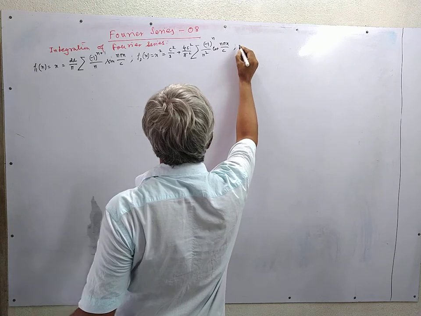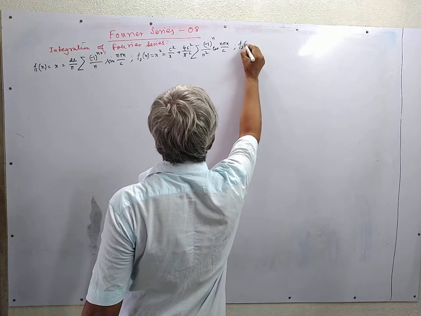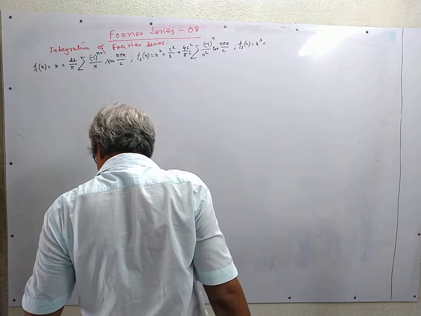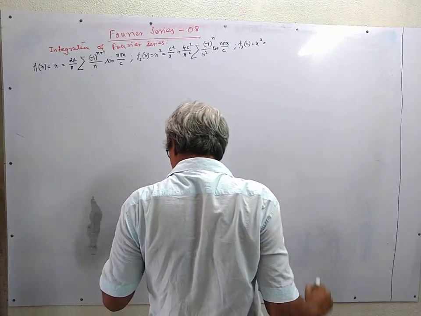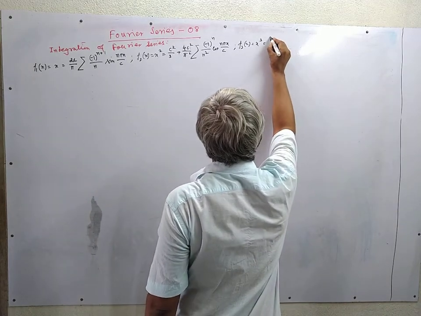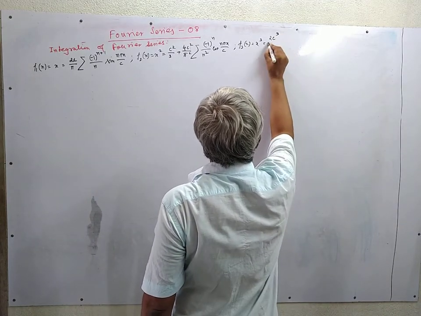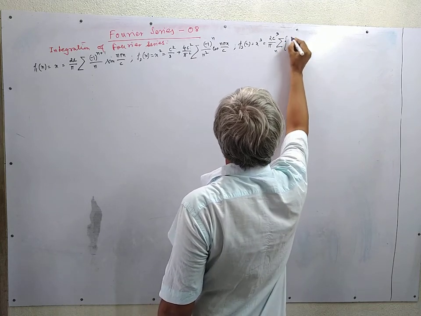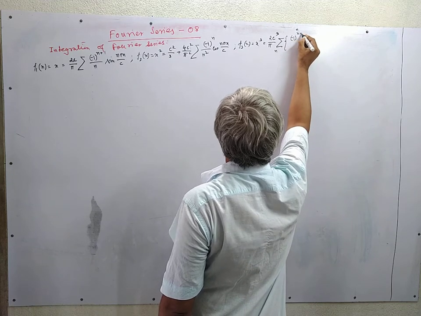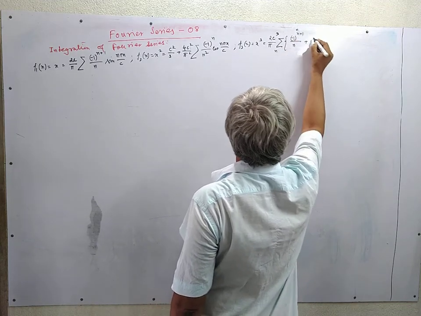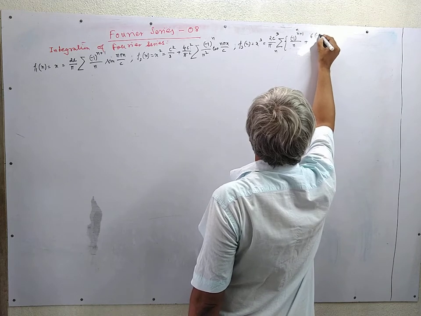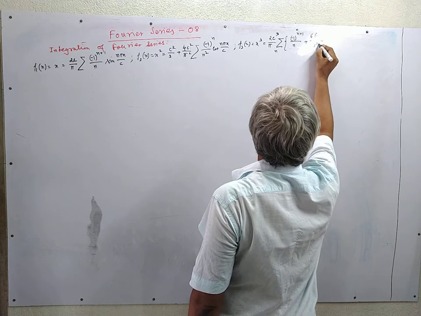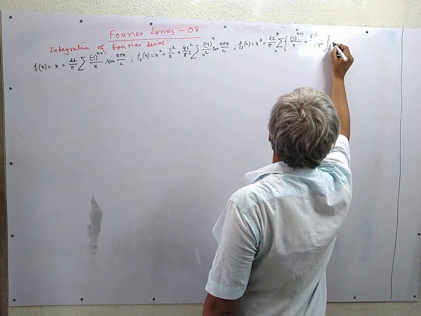And finally we consider f3 of x is equal to x cube, and this expansion is 2c cube by pi summation over n of minus 1 to the power n plus 1 by n, plus 6 over n cube pi square.